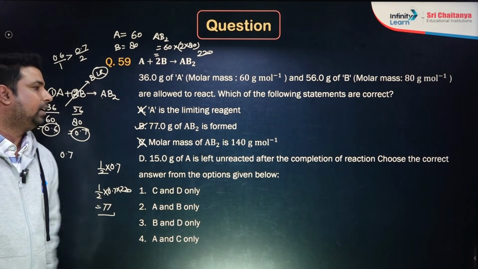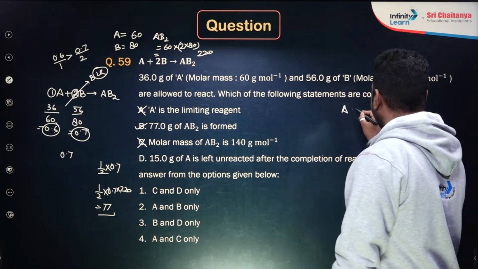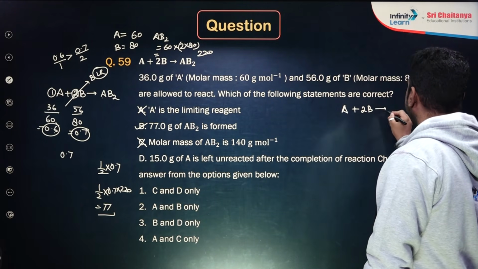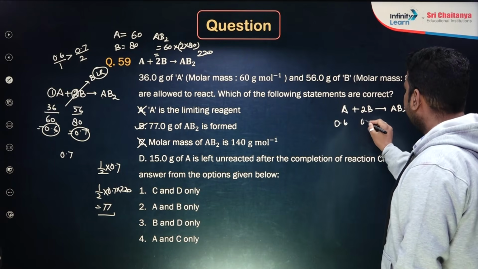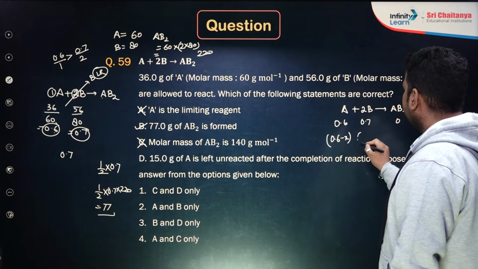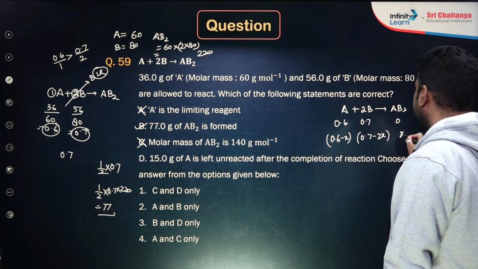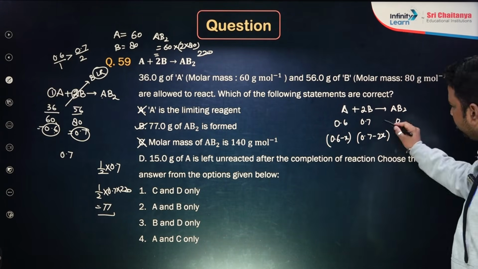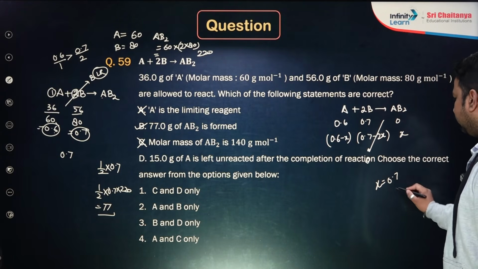15 gram of A is left. You can apply a simple concept. A plus 2B changes to AB2. Let's say initial moles are 0.6, 0.7, 0, and then 0.6 minus x, 0.7 minus 2x and x. The limiting reagent has to be finished, so the x value will be 0.7 by 2.